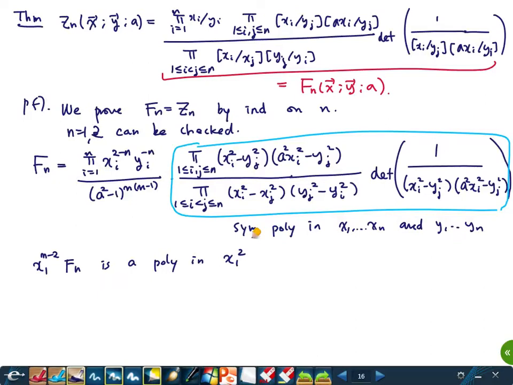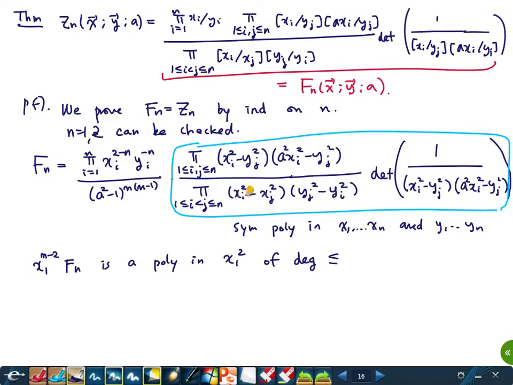Is that okay? What is the degree of this? Can you compute the maximum possible degree for this? How can you compute the degree? Here we have some cancellation. Just focus on x1 squared. How many x1 factors do we have here for x1 squared?